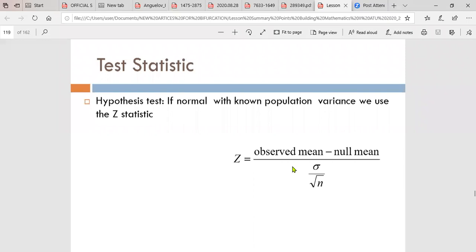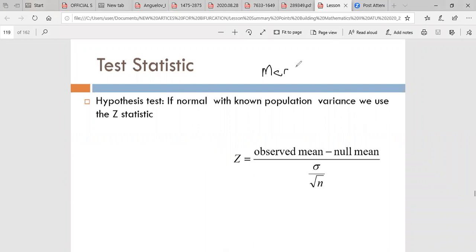If it's about the variance, we can have chi-square, or even the F statistic. If it's about proportion, we can have the binomial or the Z distribution. So depending on what claim is being made, the test statistic will differ. But this morning, we are going to limit ourselves to claims regarding the population mean.